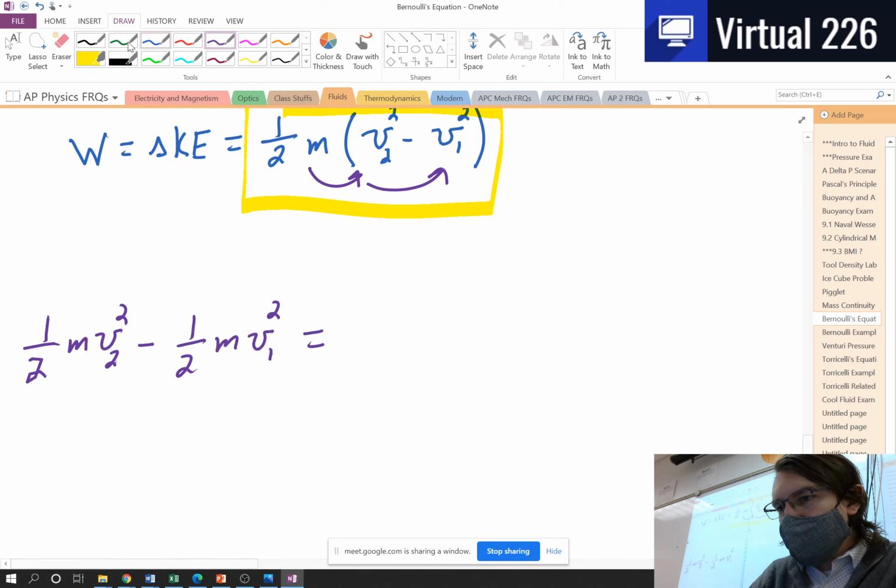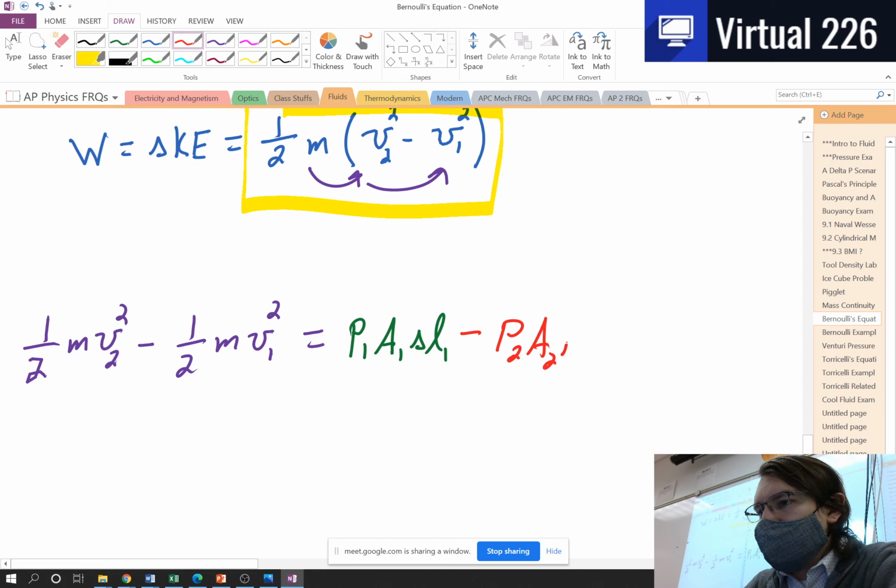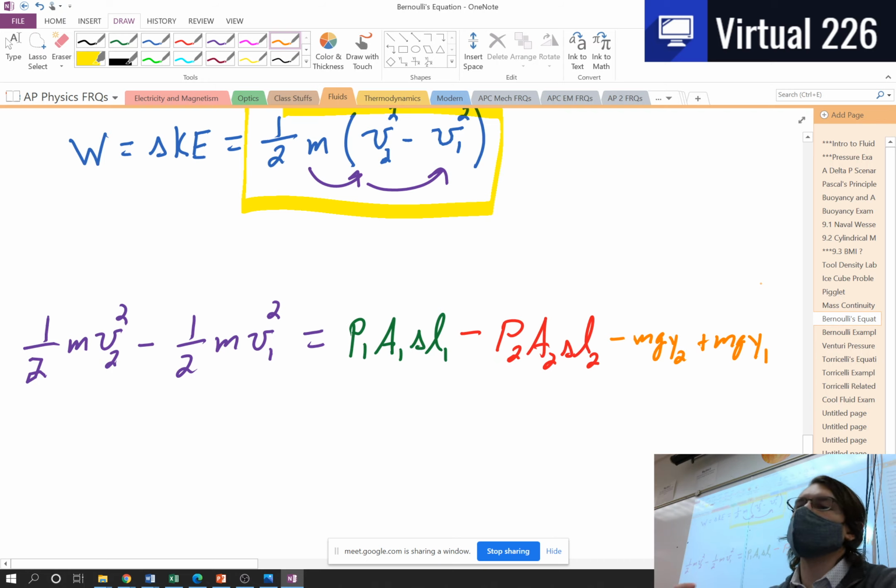And this is going to equal the P1 A1 delta L1, minus, because this is the add of the second work, P2 A2 delta L2. And then our two gravitational potential energies. So minus mgy2 plus mgy1. Whew. So now we're getting this really large equation here.